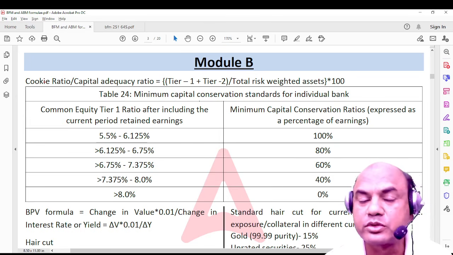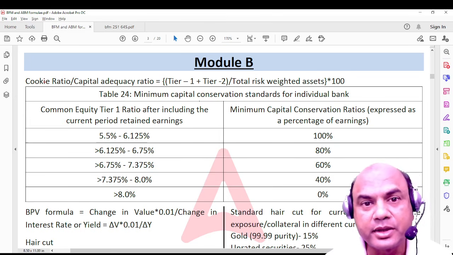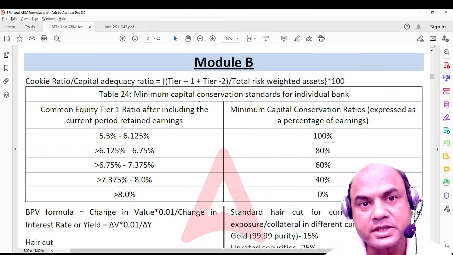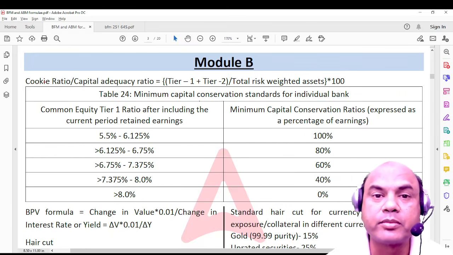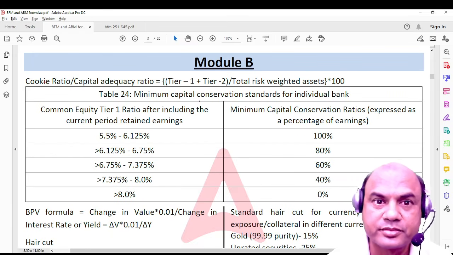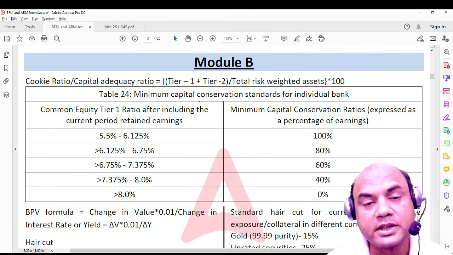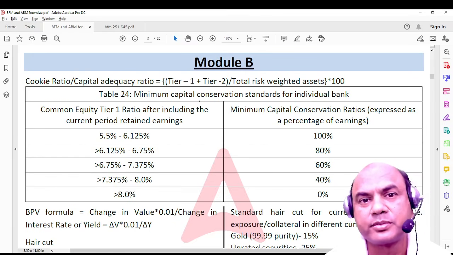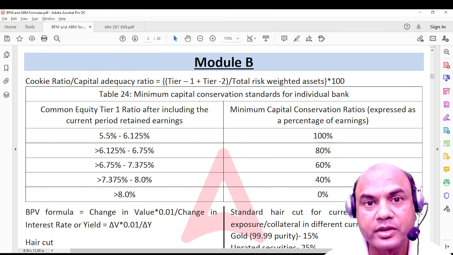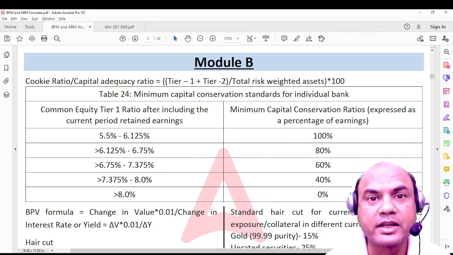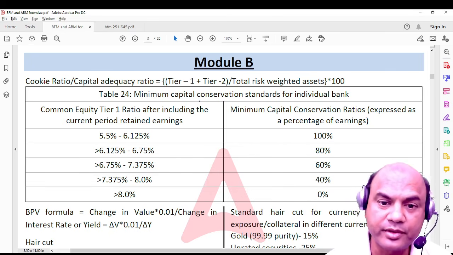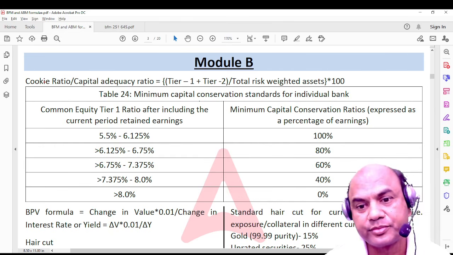Additional tier 1 has two parts, PNCP, perpetual non-cumulative preference shares, and IPDI, innovative perpetual debt instruments. So this is total tier 1. Tier 2 has various paid methods like subordinate debt, which means taking a loan from somebody, or some reserves. So that is tier 2.